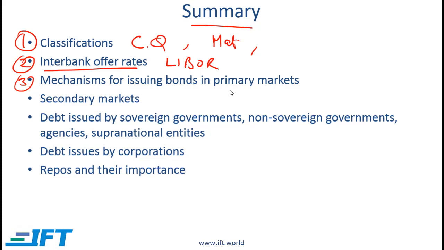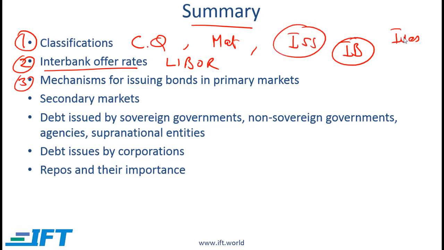There is a best effort method where effectively the investment bank is playing the role of a broker. If we have an issuer and investors, in a best effort scenario, the investment bank is trying to broker a deal between the issuer and the investor.